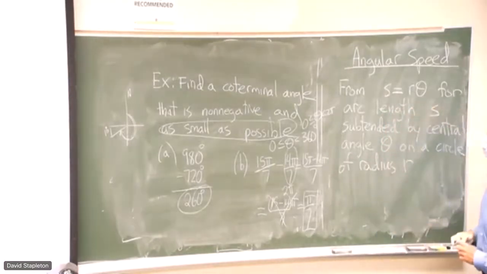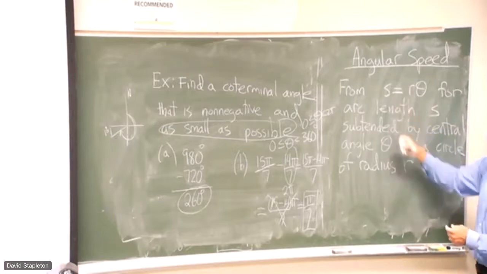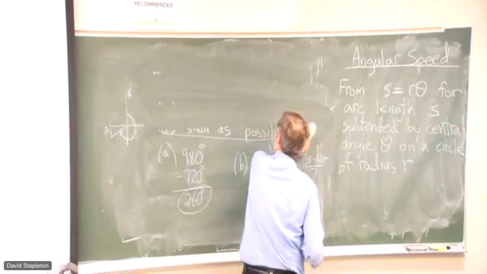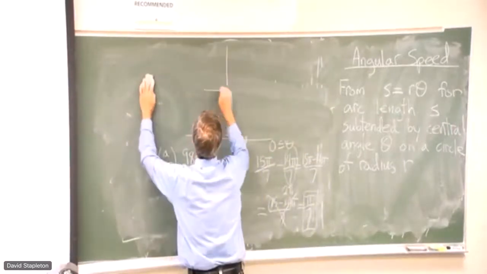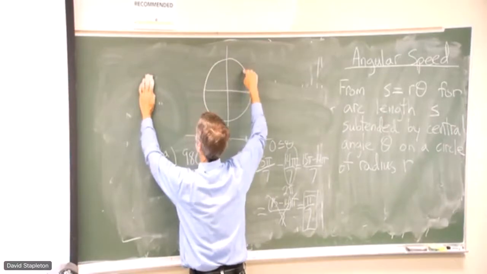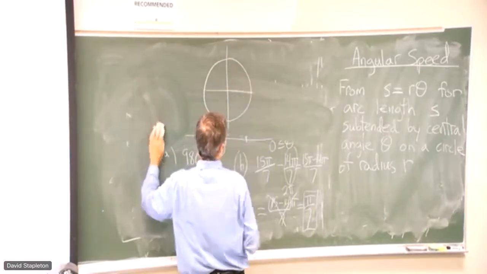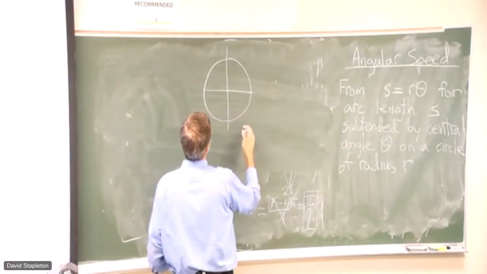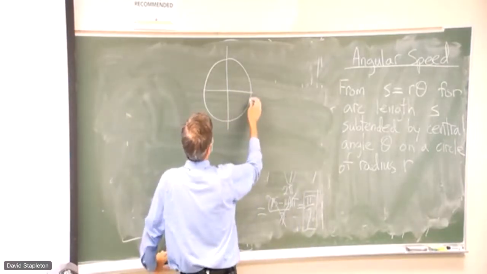Suppose instead of having just a fixed arc length and a fixed angle, suppose I'm actually moving along a circle, right? Maybe this is a CD and I put a penny on the edge and let it go round and around and around. Then it has a velocity, or a speed if you take the absolute value of velocity.